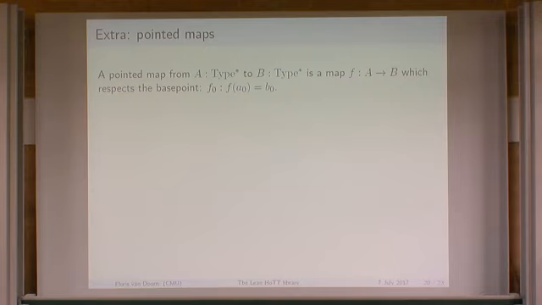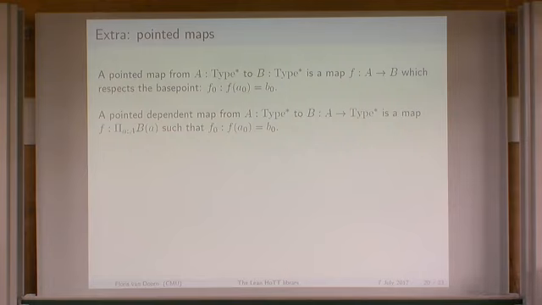If you build enough of the library, you will realize that at some point you will need to generalize this to dependent pointed maps. A pointed dependent map is a dependent map which respects the base point. And in this formulation you notice that you don't assume that B is a pointed type everywhere, only over the base point of A.